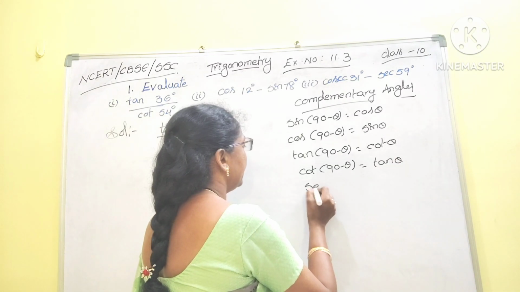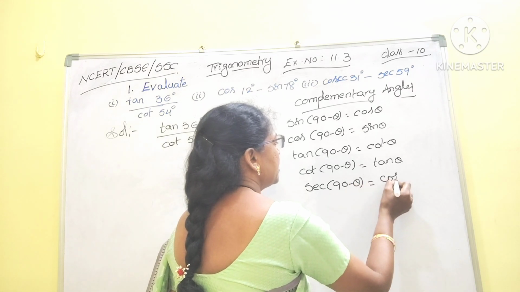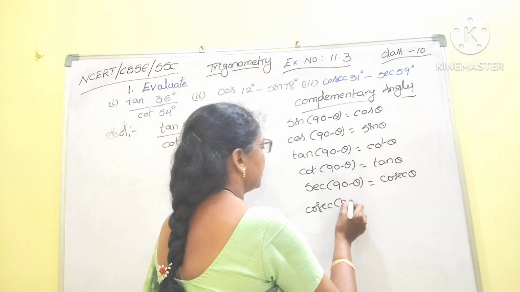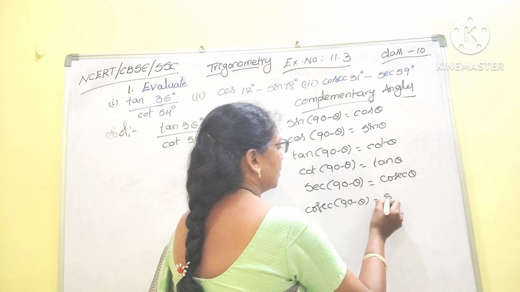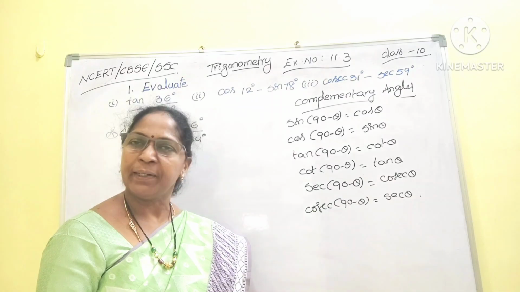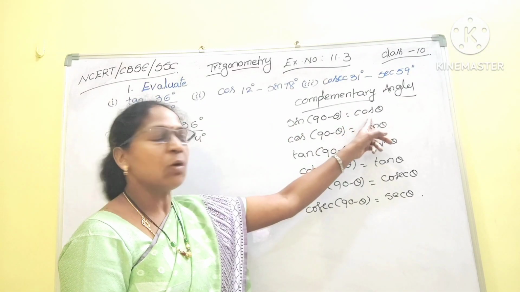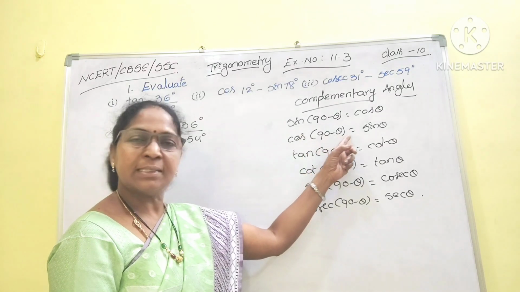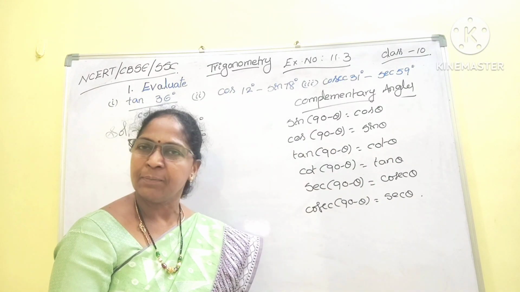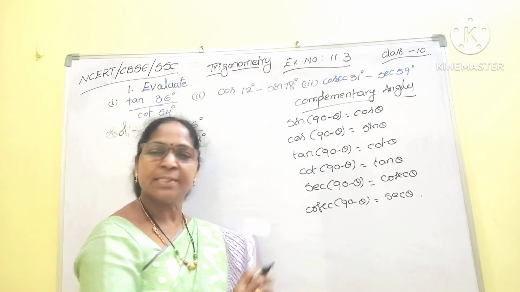Secant(90 minus theta) equals cosecant theta. Cosecant(90 minus theta) equals secant theta. These are the complementary angle relations. Sin becomes cos, cos becomes sin, tan becomes cot, cot becomes tan, and secant becomes cosecant, and cosecant becomes secant.